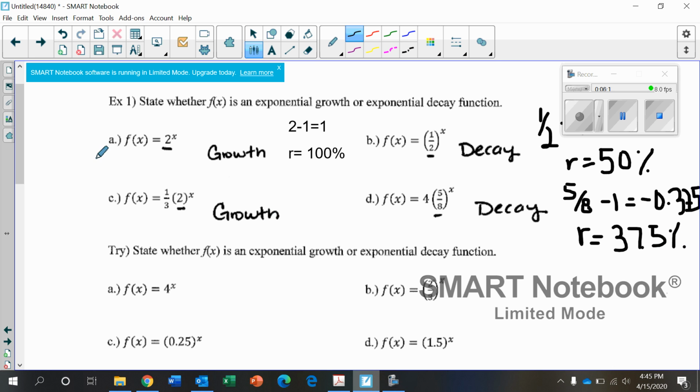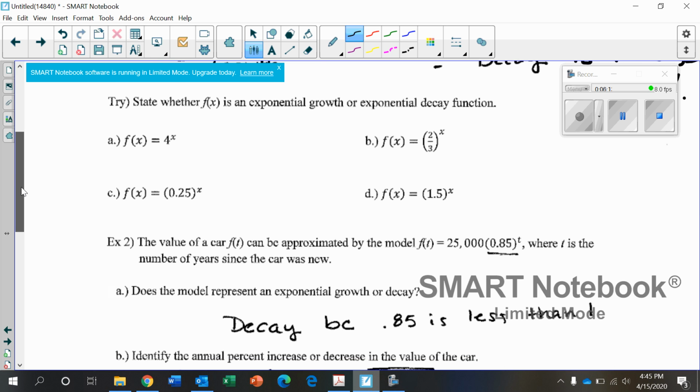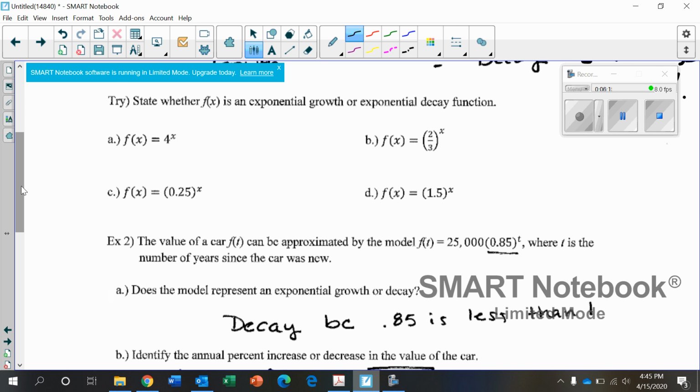Okay, lovely. All right, let's look at this one. I'm going to verbally tell you what the answers are. I know you guys are great. So again, we're just looking at the 4 here. We know it's bigger than 1, so it's growth, and we do 4 minus 1, which gives you 3, so my rate is 300%. I know, crazy. 2 over 3 is in between 0 and 1, so that's going to be a decay.